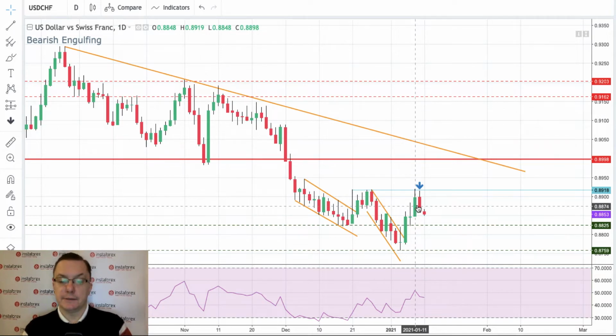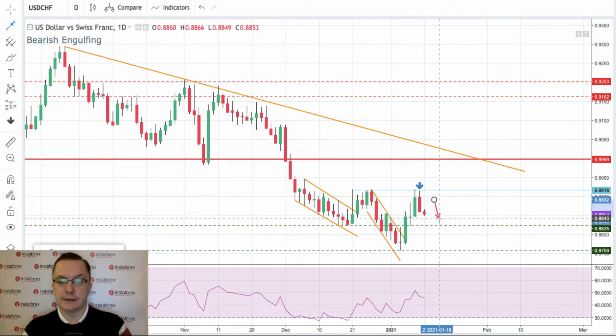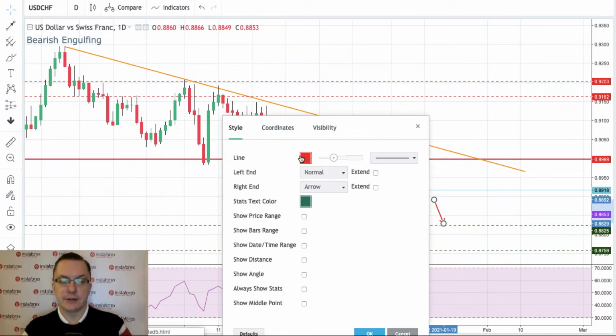But the thing is that we traveled higher from 8,759 to 8,918. We hit the technical resistance and now we're going back. The next key level is the local support, 8,825. If there is any sort of a bounce from this level, let me just change the arrow color because it might be misleading.